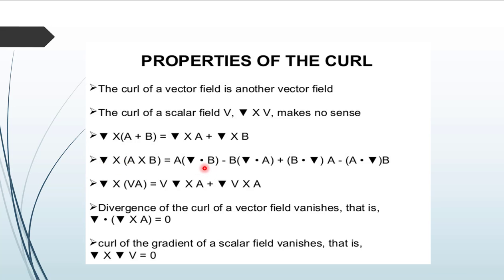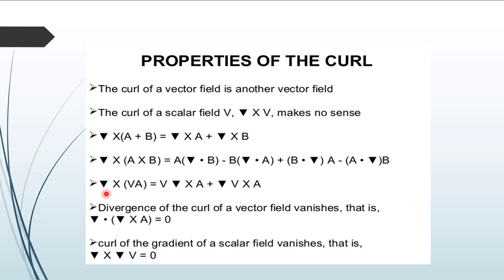Then we have to write del dot B, this is the divergence of the second quantity B, minus, this is an important equation, we are going to use it once again in the next chapter. The second thing is B in bracket del dot A, then plus (B dot del) A minus (A dot del) B. So this is the way to expand del cross (A cross B).